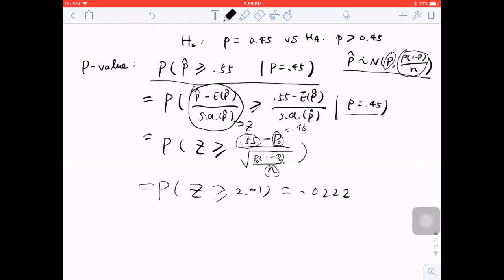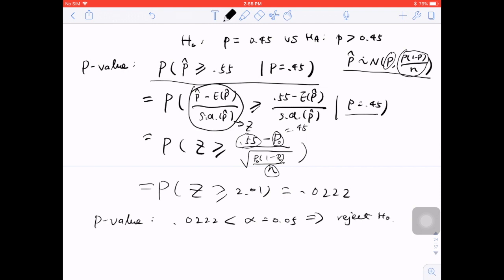You can check this using the z-table. Therefore, for the test with level alpha equal to 5%, we will reject the null hypothesis because my p-value, 0.0222, is smaller than the stated alpha, which is equal to 0.05, right? So we reject the null hypothesis.